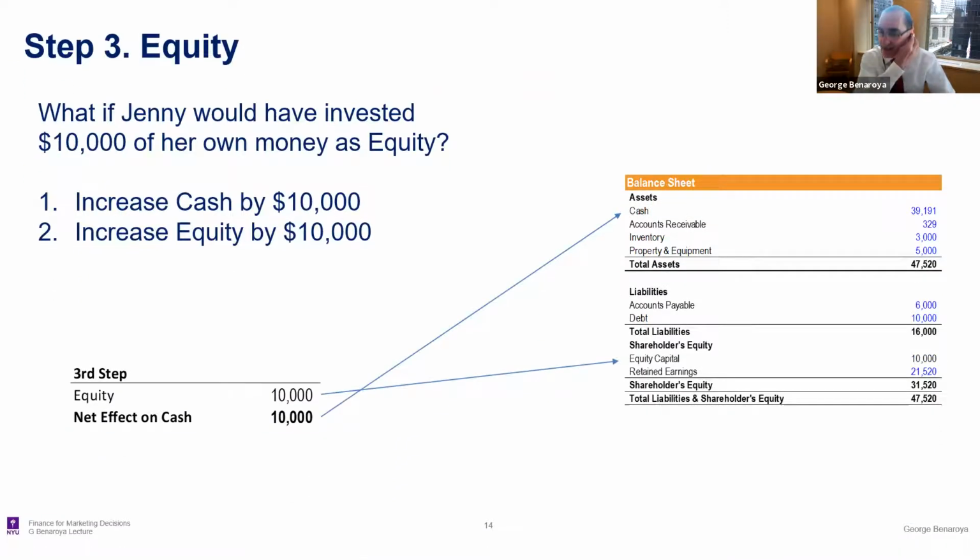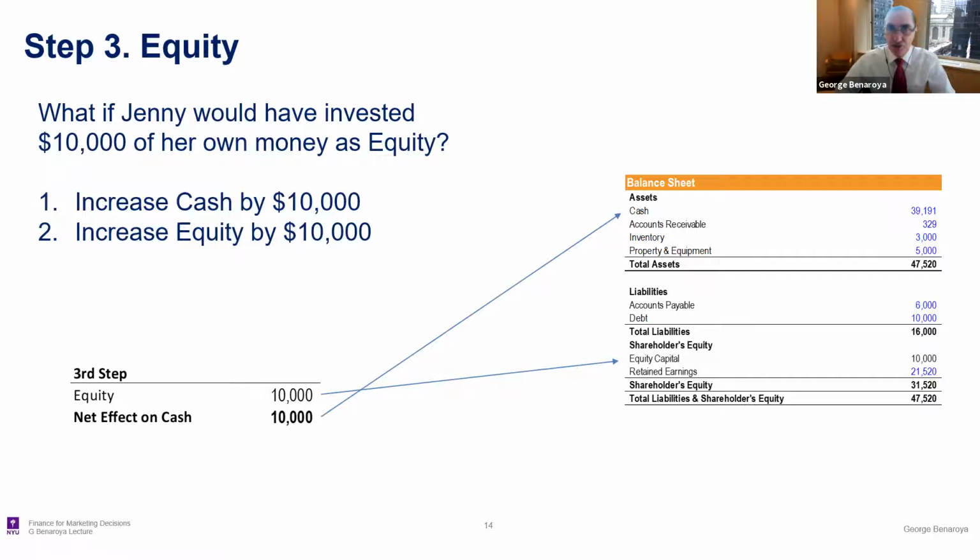Now, typically the first transaction that one should have made is the one for equity, but this one is a more difficult transaction in the sense that it's hard to make sense of it. So in my opinion, it's better to make all the other transactions first and see what's happening to the P&L or income statements and the balance sheet, and to do this one last.